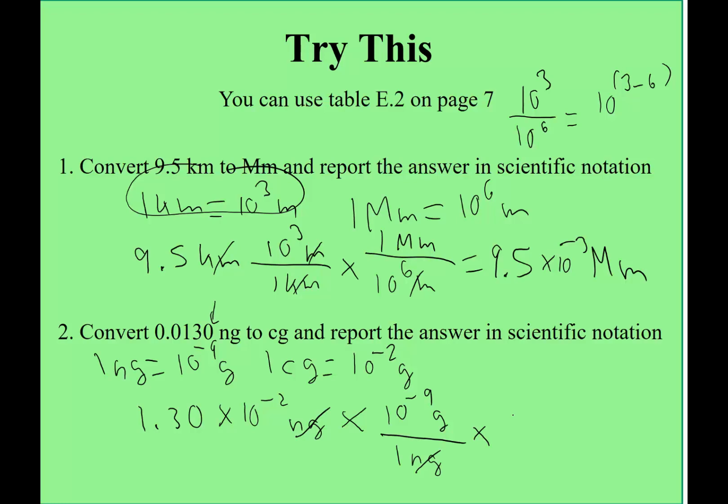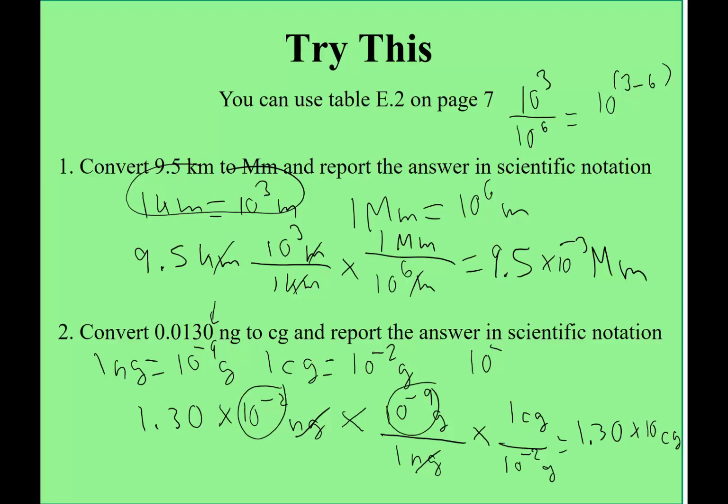So I put the 1 centigram on top and 10 to the minus 2 grams on the bottom. The 1.30 doesn't change. My units are going to be in centigrams, but it's going to be times 10 to the something, right? So we have 10 to the minus 2. I'll just circle it. 10 to the minus 2 times 10 to the minus 9.